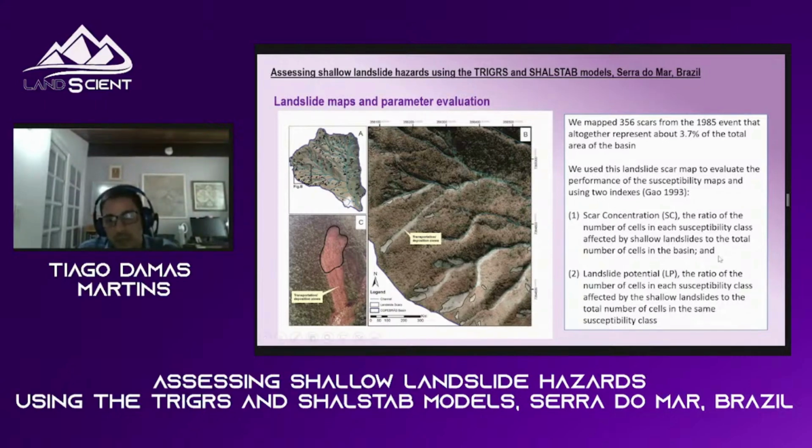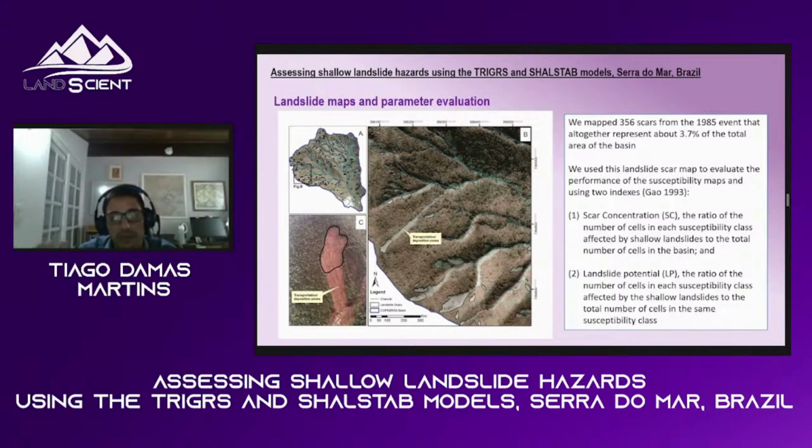So the scar concentration presents the ratio of the number of cells in each susceptibility class affected by shallow landslides to the total number of cells in the basin, and the landslide potential somehow gives us a different perspective because it shows if there are a lot of cells that are unstable in the total area of the basin.